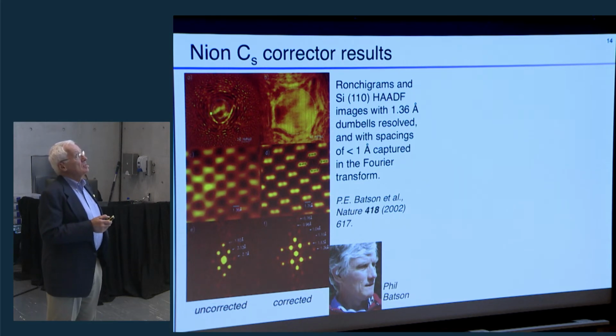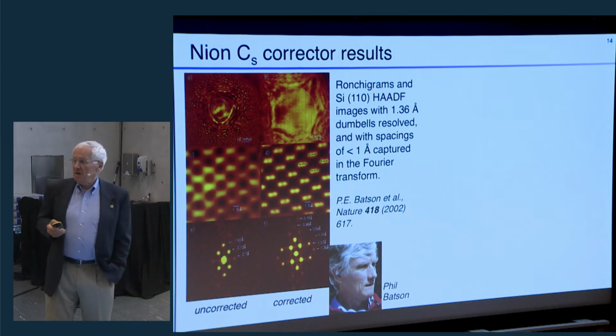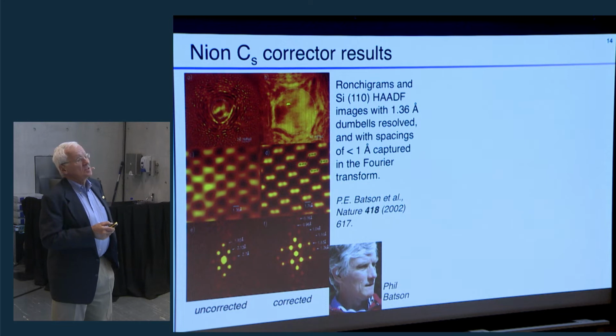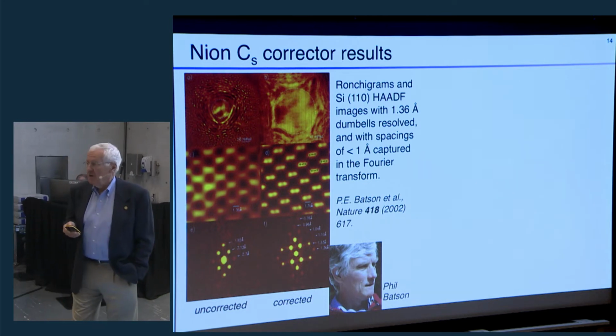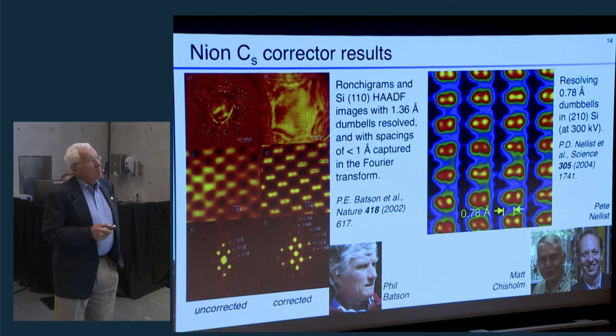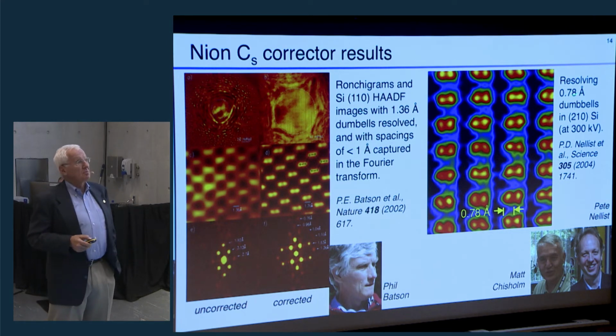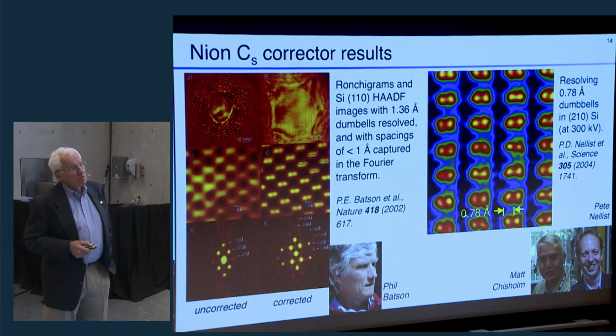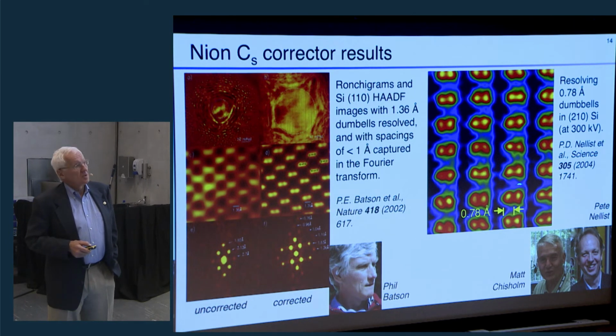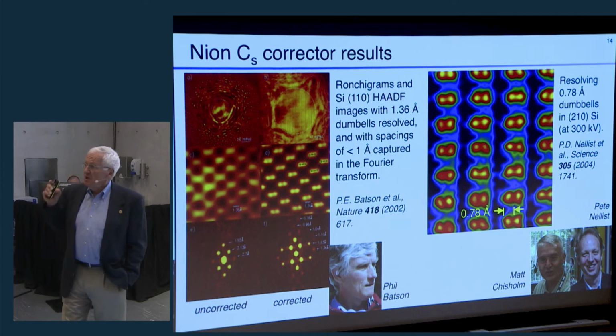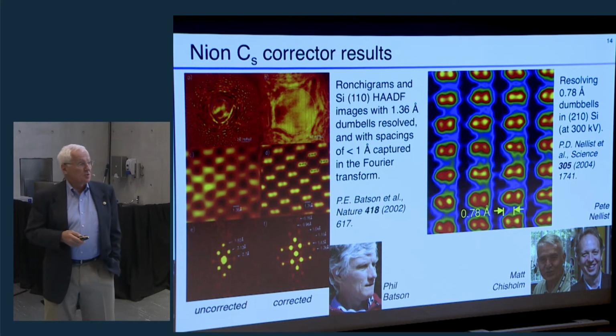More intuitively, this flat patch in the ronchigram shows the extent of the aberration correction, and that increased about 3 times in size. We put essentially the same corrector into a 300 kV column, and that produced 0.78 angstroms clear separation of atoms in silicon in a different projection.